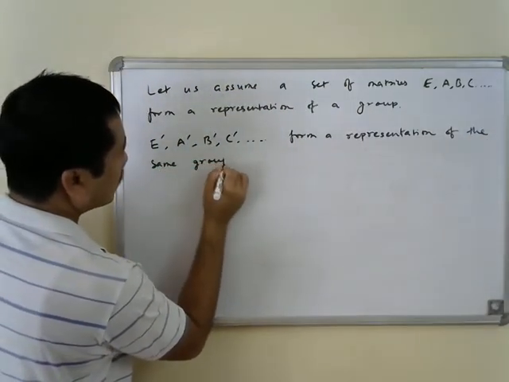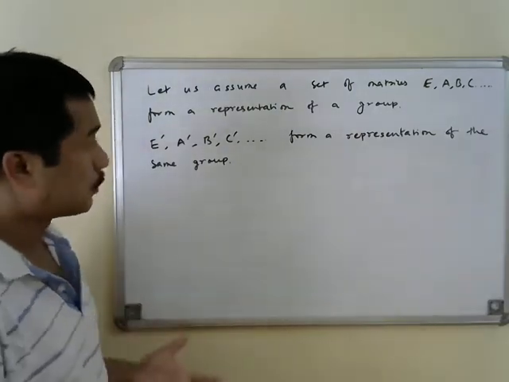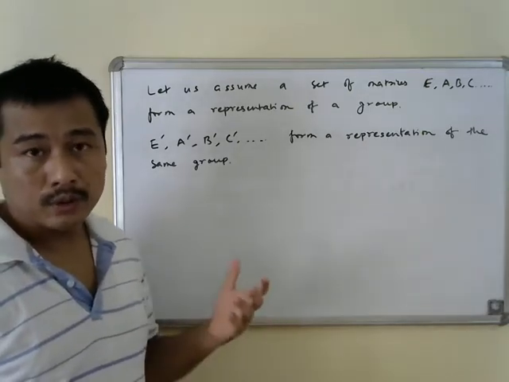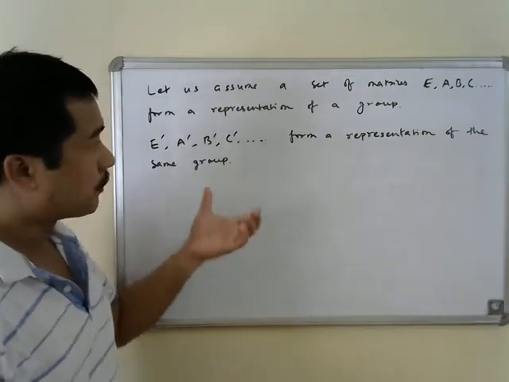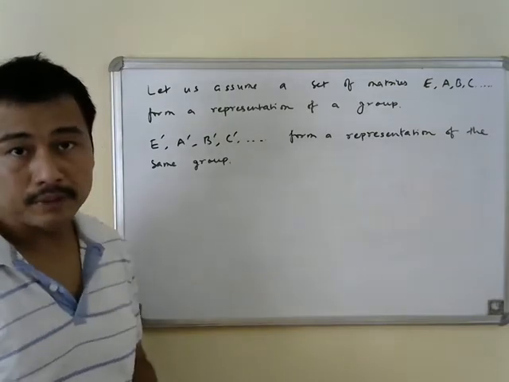So we obtain another set of matrices which again form a representation of the same group, the way we have obtained gamma 3n or, say, gamma translational, because they form a representation of the same group, that is C2V. We have seen an example.